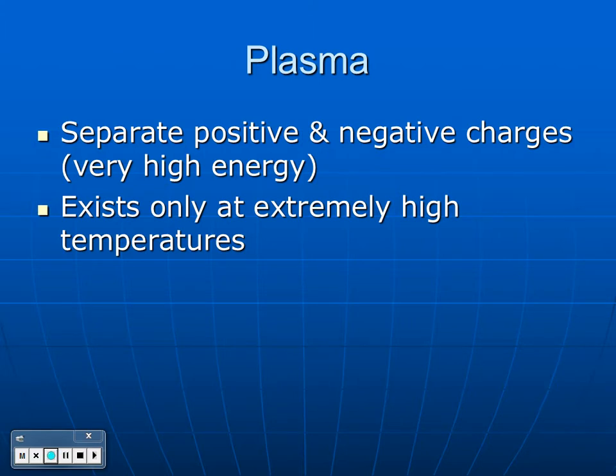Electrons and protons, right? Not neutrons. They don't have a charge. So what happens at very high temperatures? As things get hotter, they have more energy, and what does that cause them to do? They move around, right? They move faster.